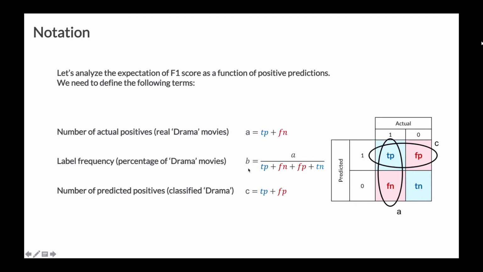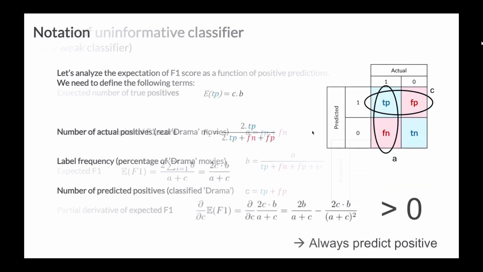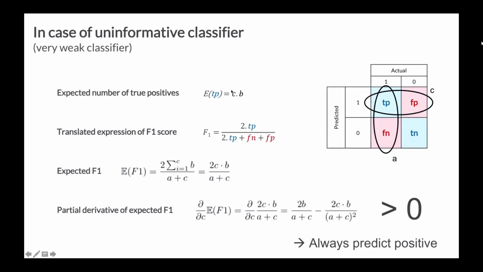And B is the base rate, the frequency of drama movies. If we consider this notation, the expectation of true positives will be C times B, the base rate multiplied by the total number of movies that were predicted drama. And we have the translated expression of the F1 score.